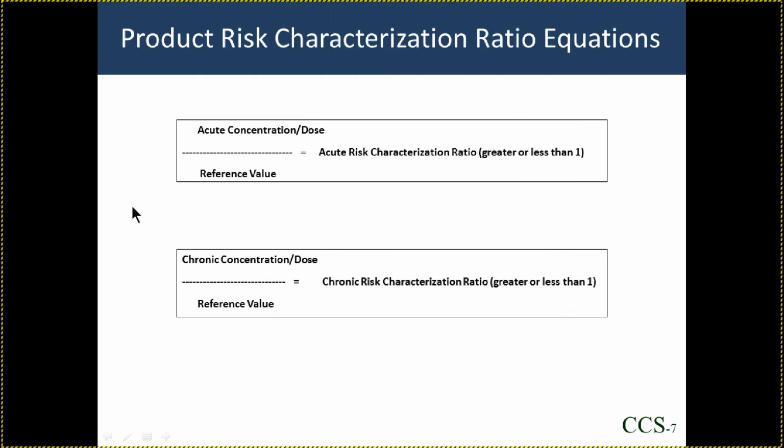To do a risk characterization ratio, you take that acute concentration or dose or the chronic concentration or dose and divide it by a no adverse effect level, or a DNEL, and that creates the ratio. So you can have an acute ratio, you can have a chronic ratio, and you're looking to see whether that ratio is greater than or less than 1. And in the next chart, I think we showed the values.